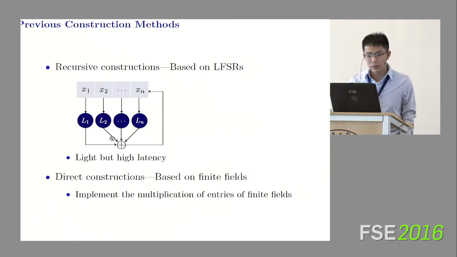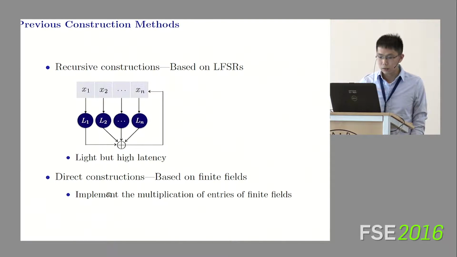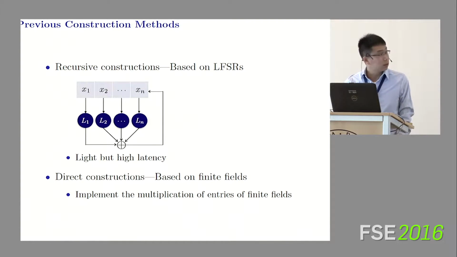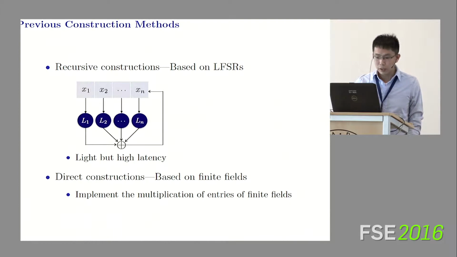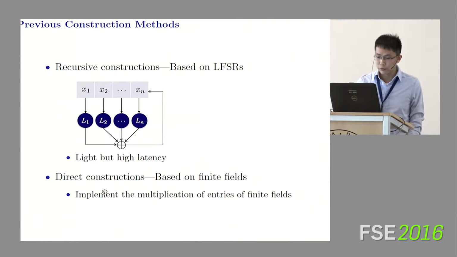This construction is always light, but it also leads to high latency, since one has to run at least n rounds to get the output. The other main method is the direct construction, which is usually based on, for example, MDS codes over finite fields.